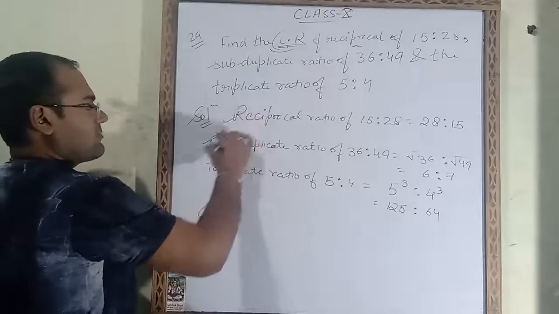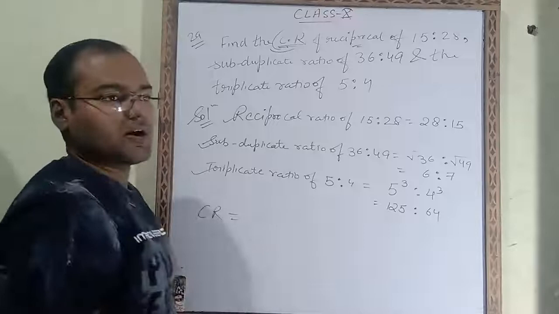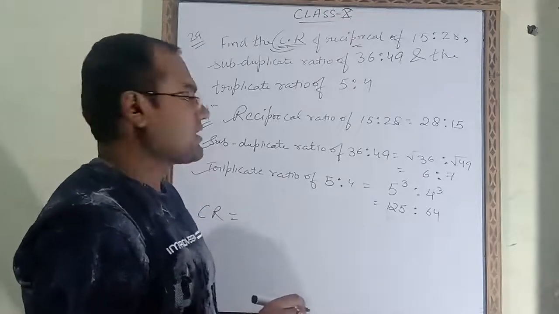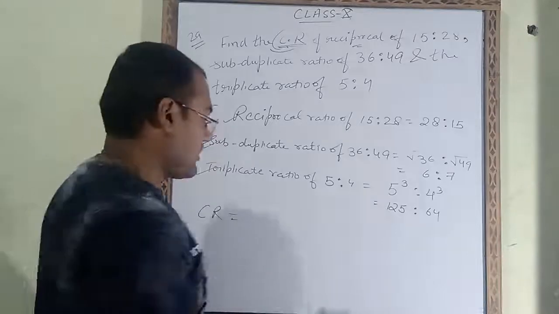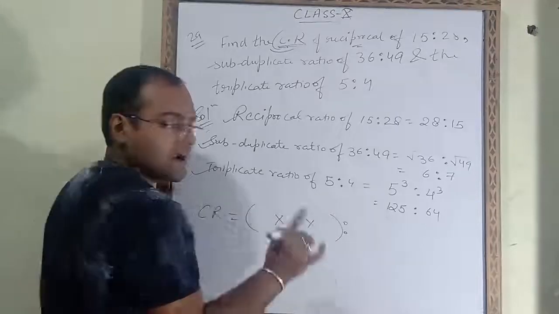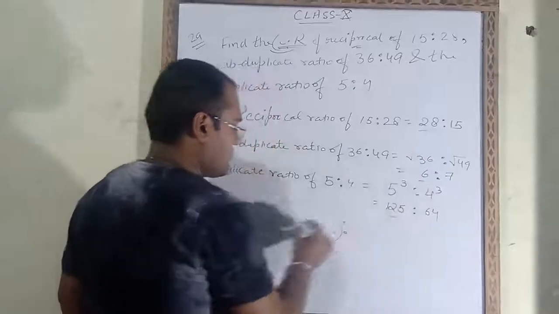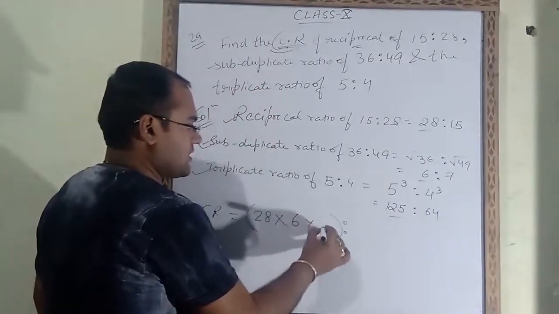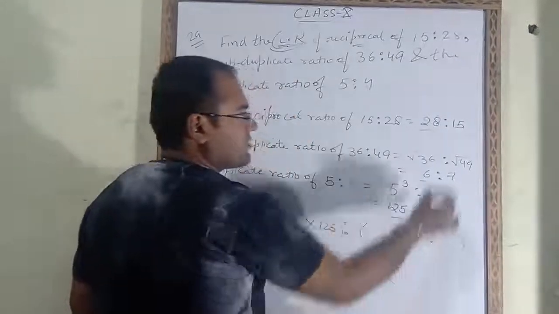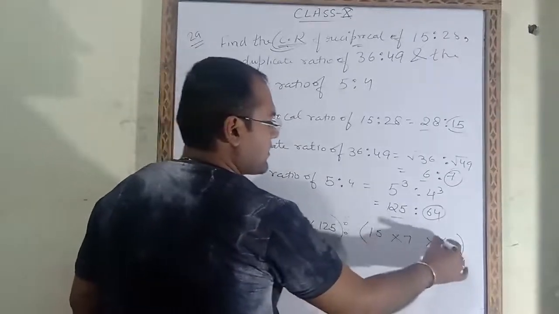Compound ratio of the reciprocal, subduplicate and triplicate. In compound ratio, you have to multiply the antecedents separately and the consequents separately. So the compound ratio is the ratio of the product of antecedents, 28, 6 and 125, to the product of consequents, 15, 7 and 64.